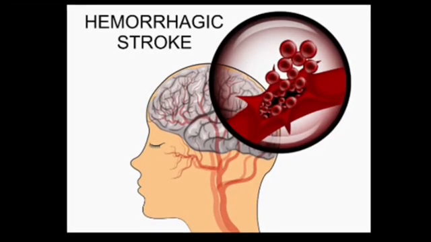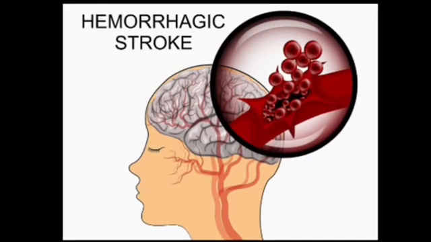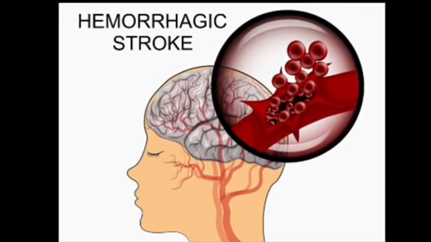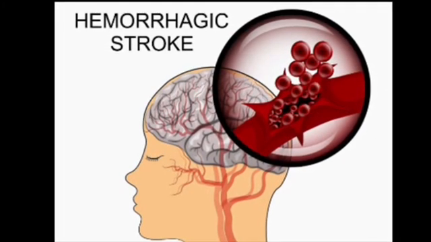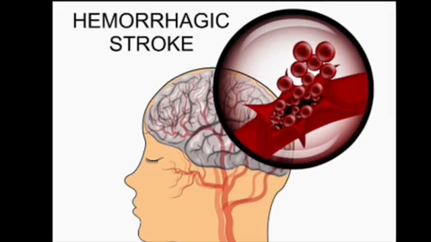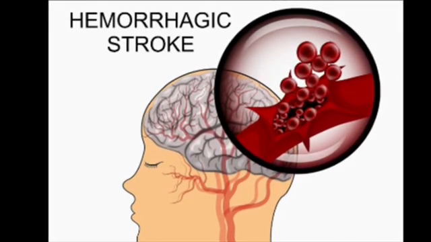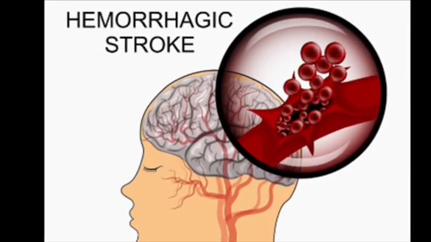The second type of stroke is called the hemorrhagic stroke, which is when the blood from an artery begins bleeding into the brain. This happens when a weakened blood vessel bursts and bleeds into the surrounding brain. Pressure from the leaked blood damages brain cells, and as a result, the damaged area is unable to function properly.